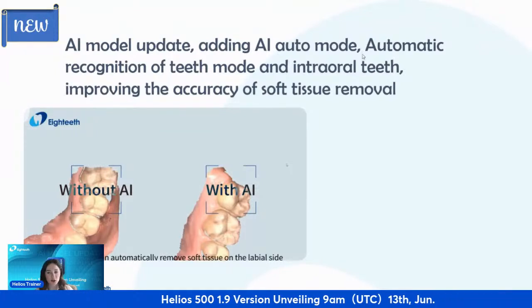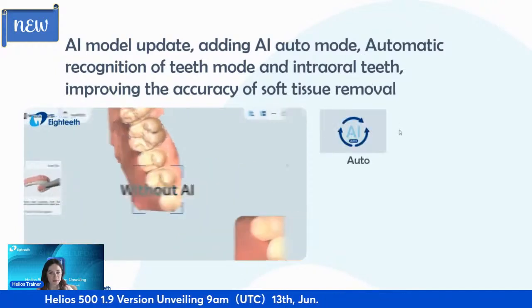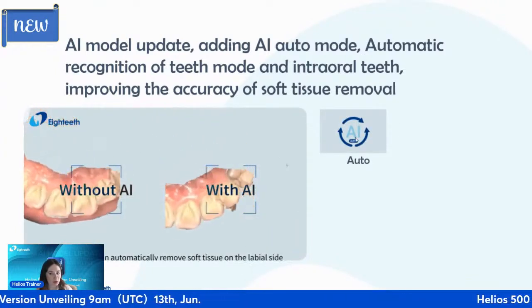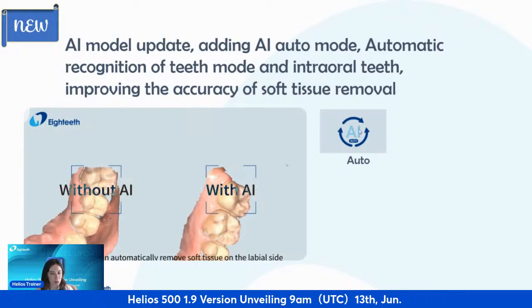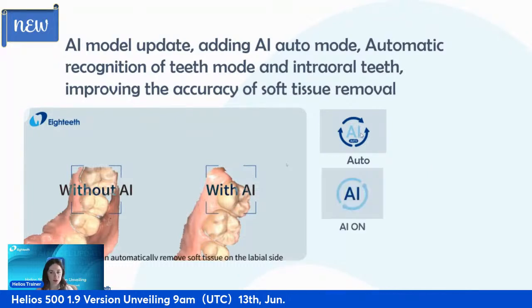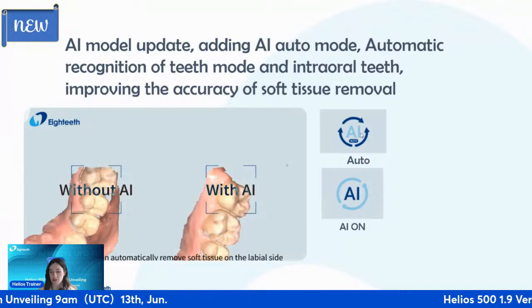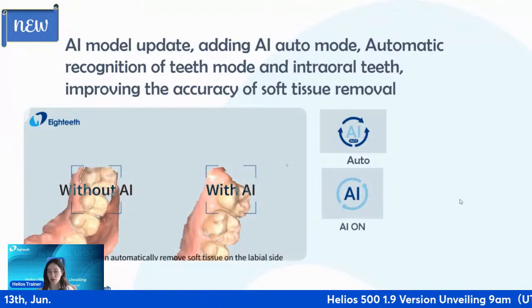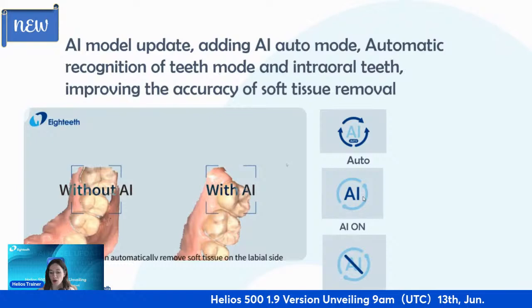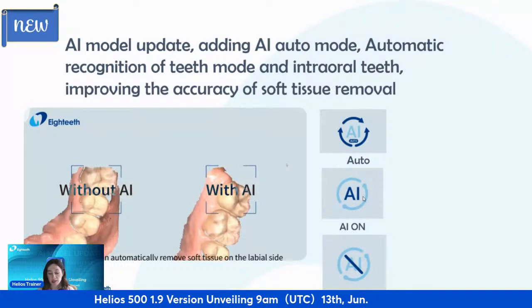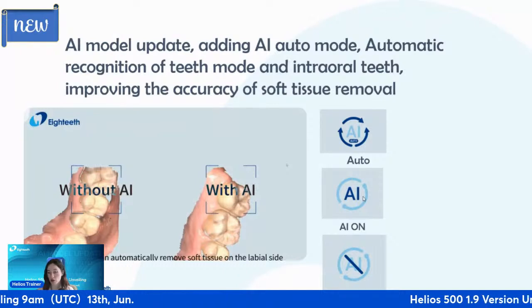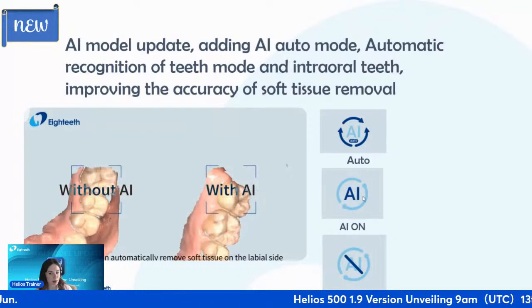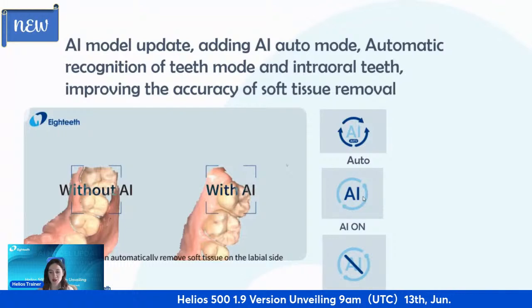In this software, you will see a new artificial intelligence auto mode. It will automatically recognize soft tissue and the teeth. If you press one time on this tool, it will turn artificial intelligence on. When you press one more time, it will turn off. Let me remind you in what cases we need to turn it on and off. It's already not needed, but just in case I'm explaining it to you.